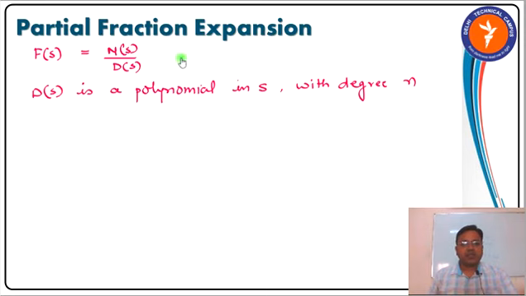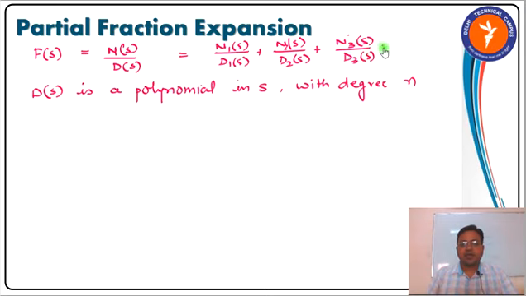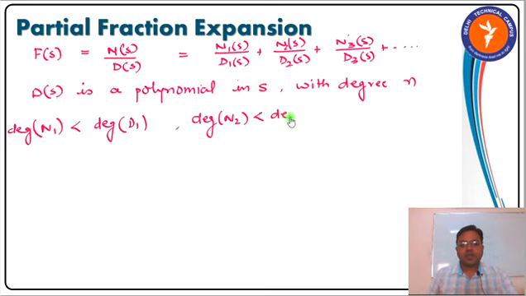That is, we should write this in the form N1(s) divided by D1(s) plus N2(s) divided by D2(s) plus N3(s) divided by D3(s) and so on, where the condition is that the degree of N1 should be less than the degree of D1, the degree of N2 should be less than the degree of D2, and so on.